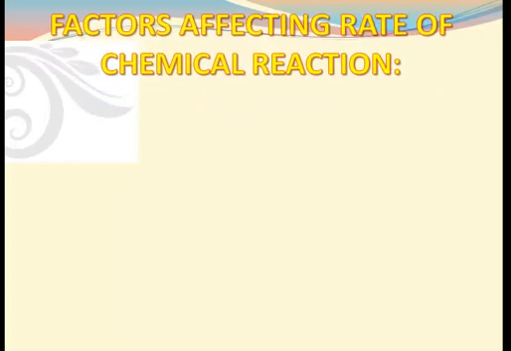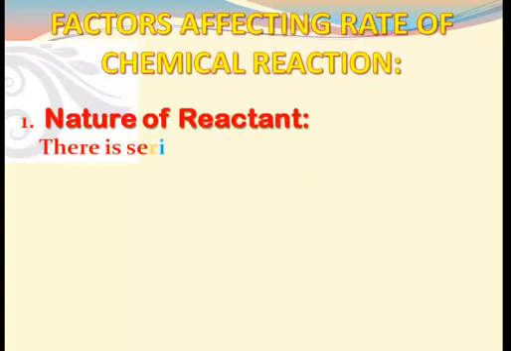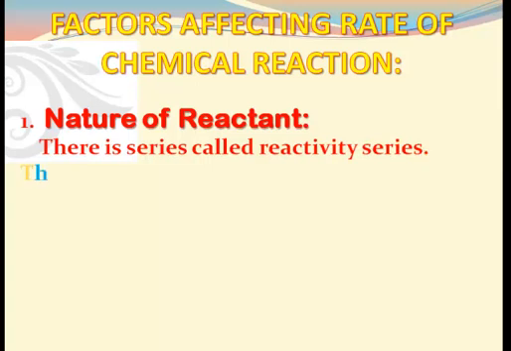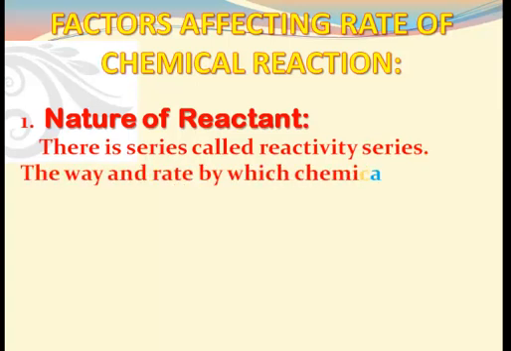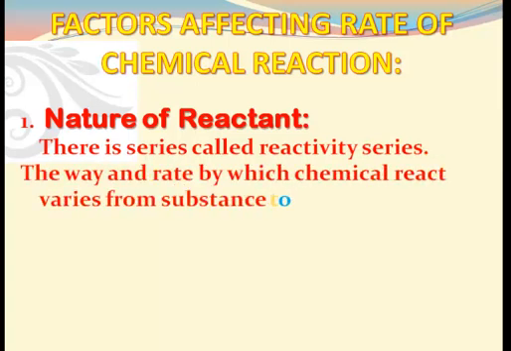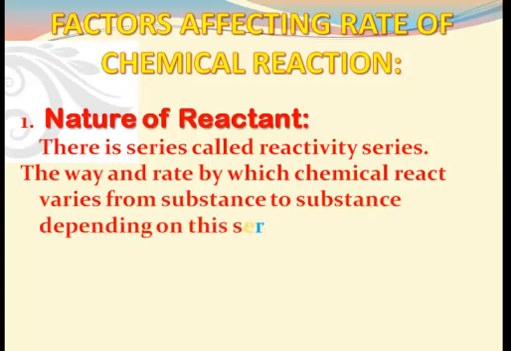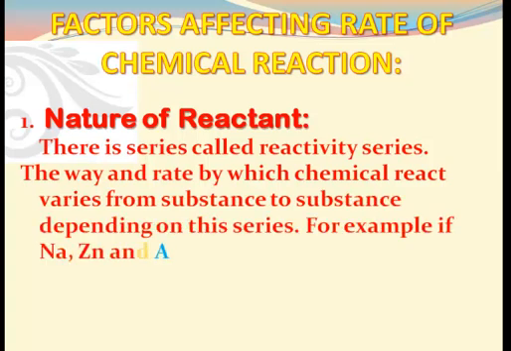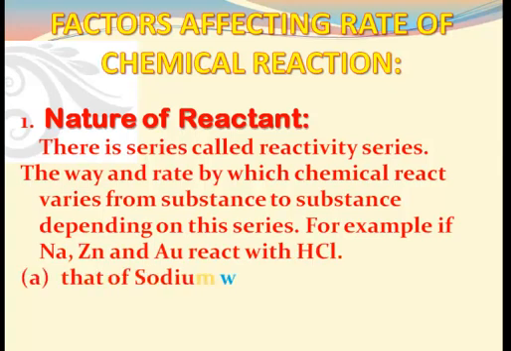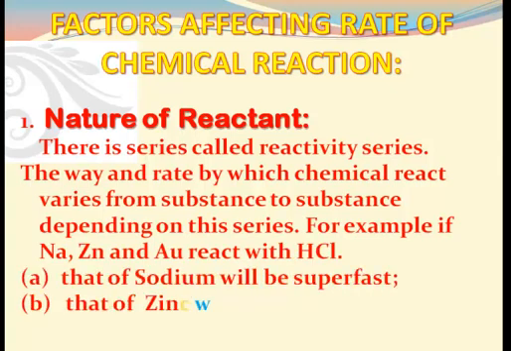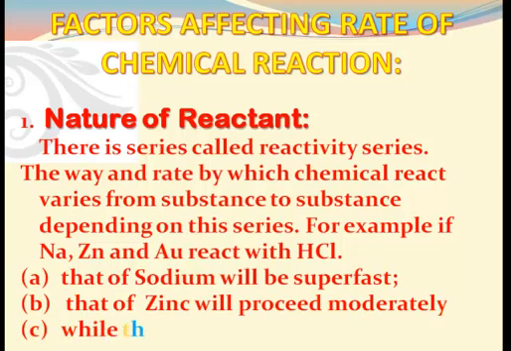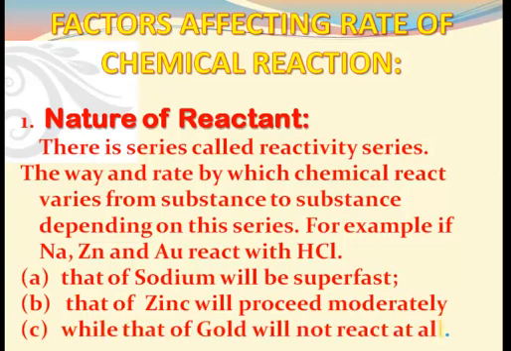Now let us see how each of these factors actually affects the rate of chemical reaction. The nature of reactants. There's a series called activity series. The way and the rate at which chemicals react varies from substance to substance. For example, if sodium, zinc, and gold react with hydrochloric acid, that of sodium will be super fast.